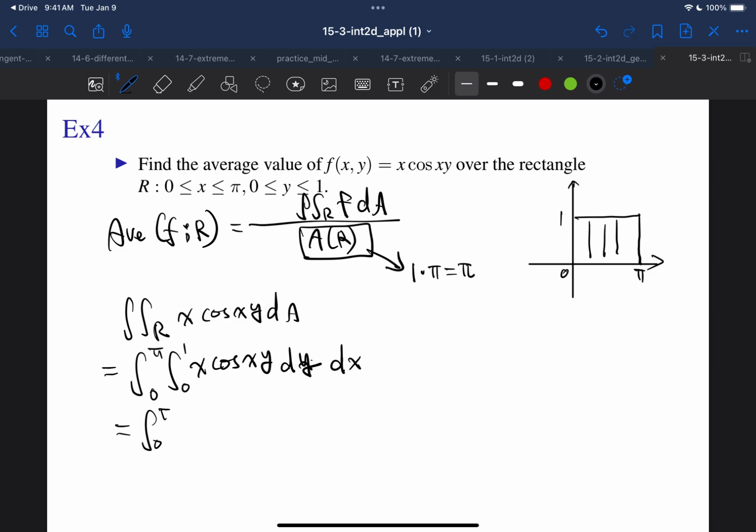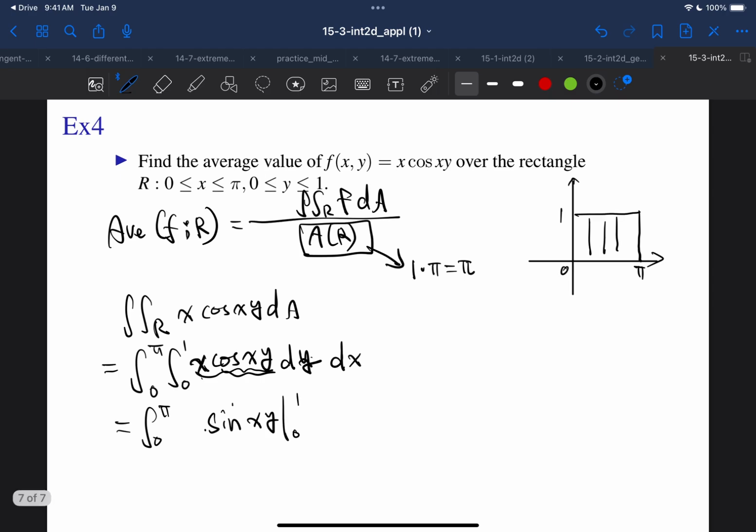And for dy, x is constant. You can take this out. And cosine xy has antiderivative sine xy over x. In other words, the antiderivative of the whole thing is going to be just sine xy. So sine xy from 0 to 1.